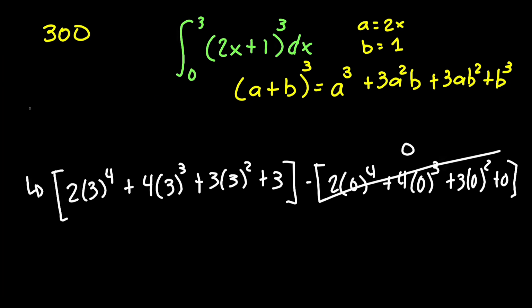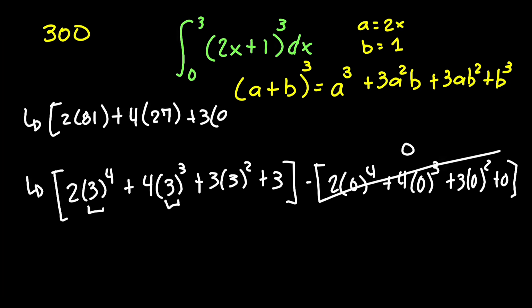And so you can either use a calculator here or do it manually. 3 to the power of 4 would be equal to 81. So this would be 2 multiplied by 81, plus 3 to the power of 3 would be equal to 27, plus 3 multiplied by 3 squared, which is 9, plus 3.